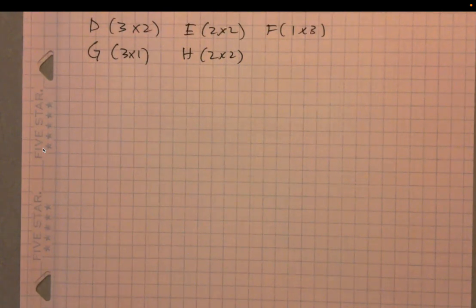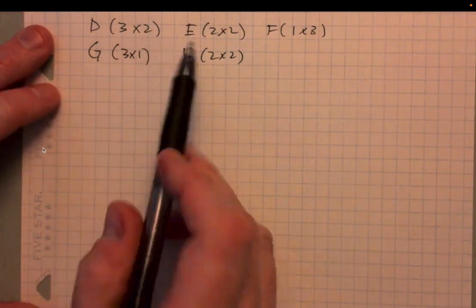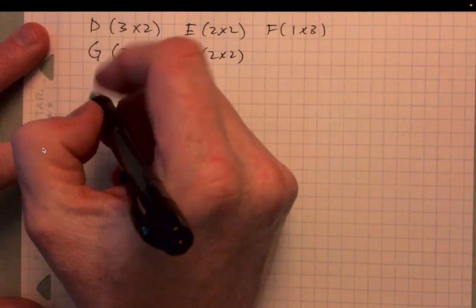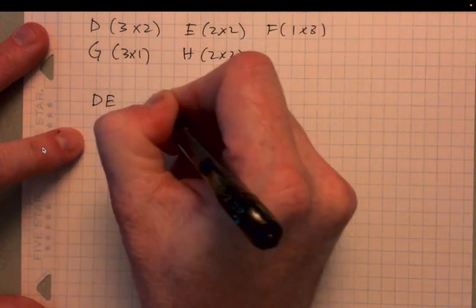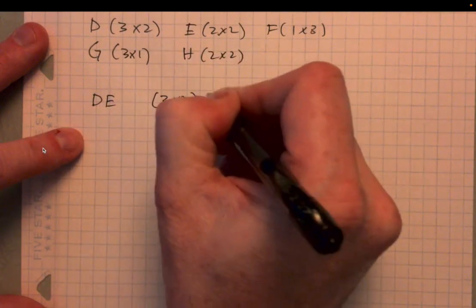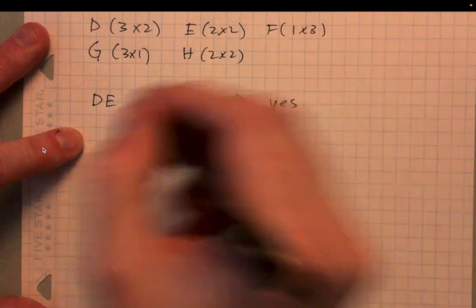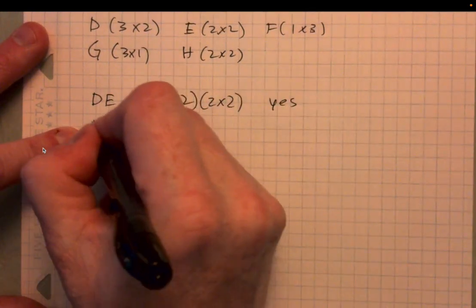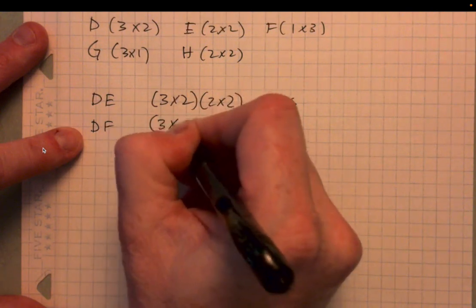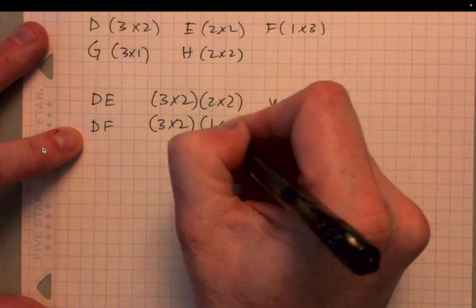Well, let's just start with D. Can we multiply D and E? So D times E, that would be a 3 by 2 multiplied with a 2 by 2. Yes. What about D and F? That's a 3 by 2 trying to multiply against a 1 by 3.